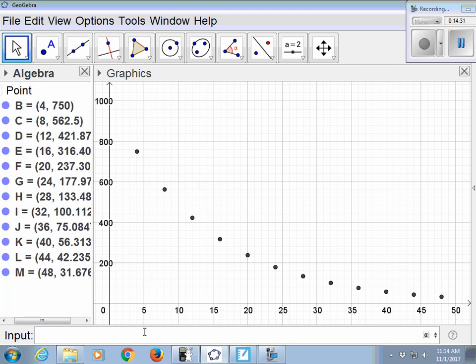Try this again. A of x equals 1,000 milligrams multiplied by 0.75 raised to the x over 4. There we go. I must have typed it in wrong.